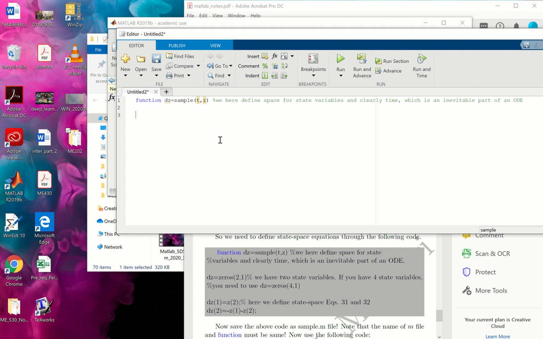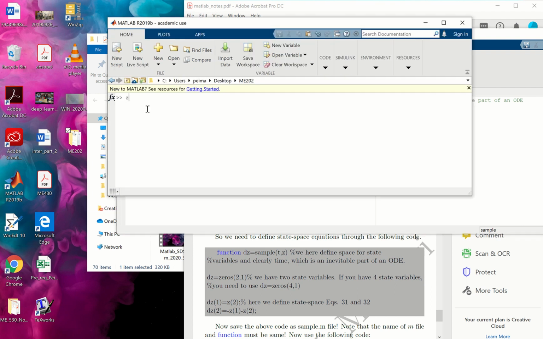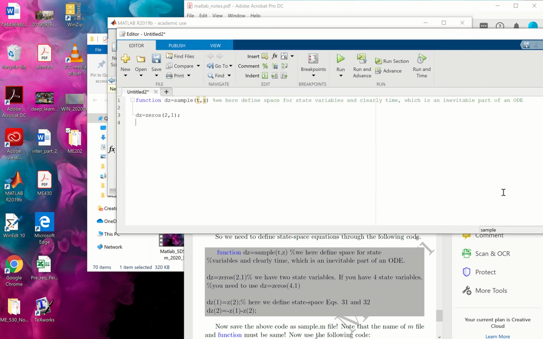Commenting is a good thing. So now, because here I had two state variables, dz is equal to, I am generating a space for them, zeros. Remember the zeros command I taught you? Go to the YouTube links. You have two state variables, 2 and 1. It generates this. Look at here, guys, for refreshing your mind. Zeros, 2 and 1. 0, 0.